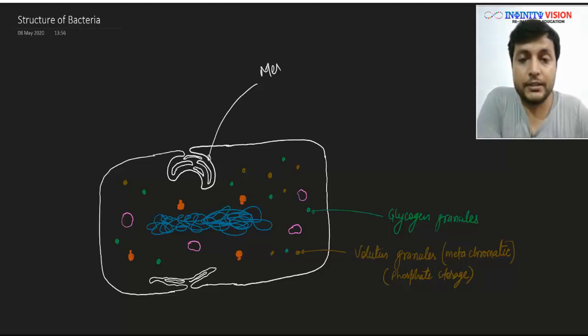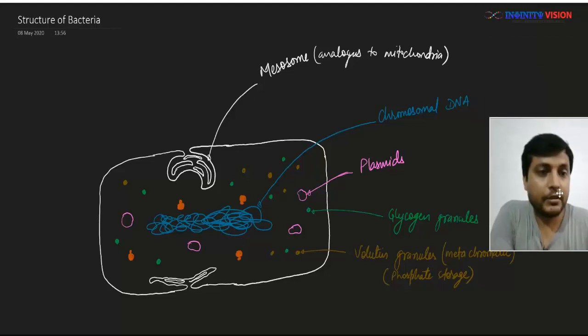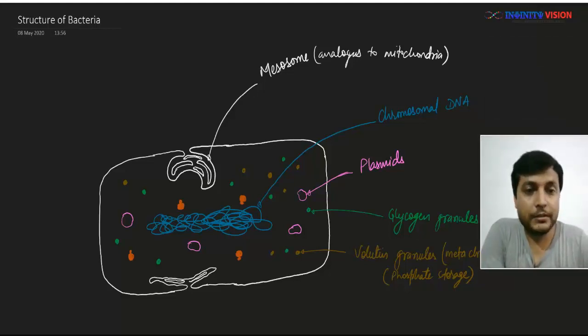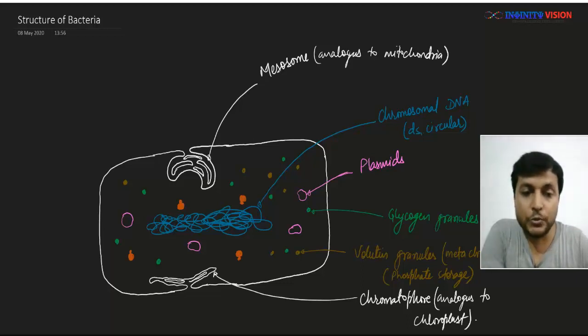Apart from this, I have already spoken of mesosomes, and you know it is analogous to mitochondria. These are plasmids. This is the chromosomal DNA, which is double-stranded and circular. Again, this is the chromatophore, analogous to chloroplast.